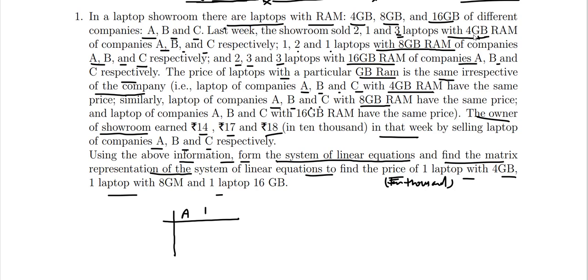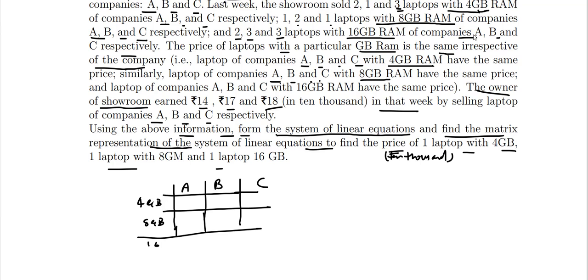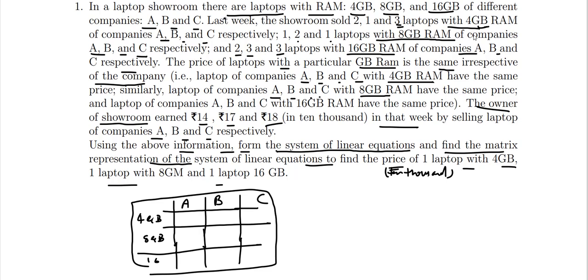So these are the companies A, B, and C here, and here are the 4 GB, 8 GB, and 16 GB. Now the showroom sold 2 laptops, 1 laptop, and 3 laptops of different companies with 4 GB RAM.